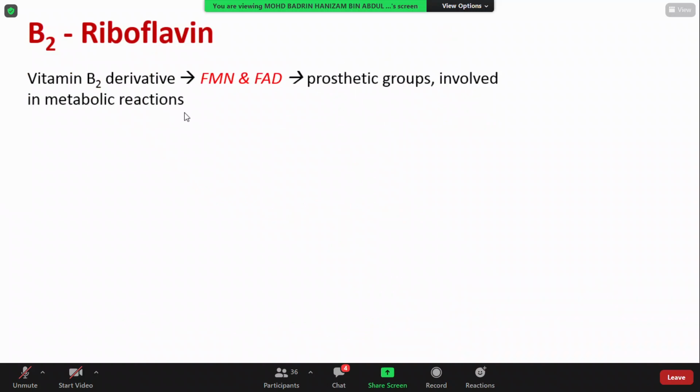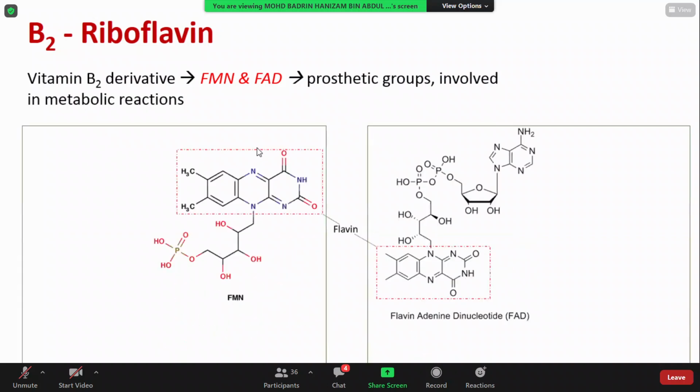These are prosthetic groups involved in metabolic reactions. A prosthetic group is a group attached to the main structure of the compound. Without this, the compound is generally not going to be able to catalyze the reaction. So they need this type of prosthetic group in order to catalyze the reaction, and they are responsible in many metabolic reactions.